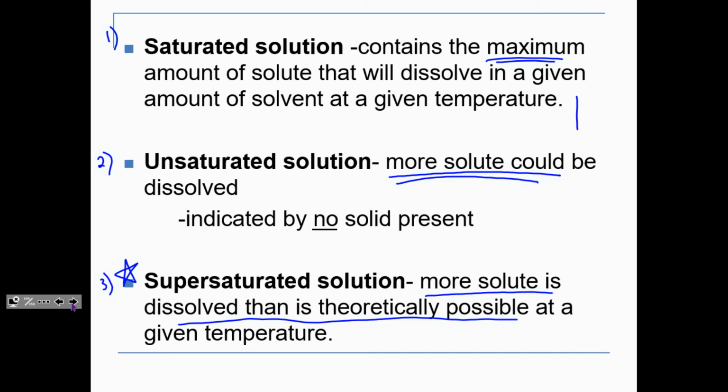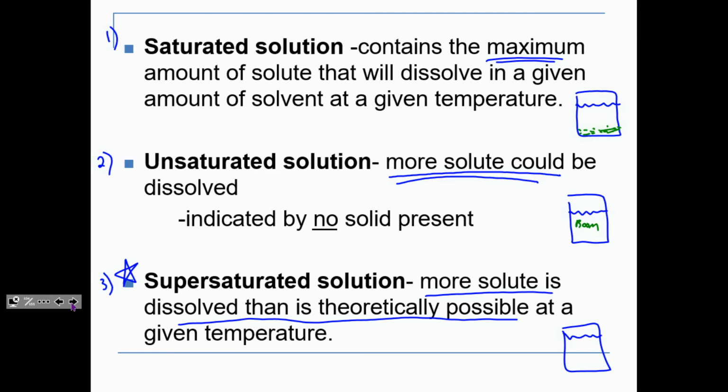But a saturated solution, we would dissolve the maximum amount, and what we would find is that we would actually have some stuff left at the bottom. Now, an unsaturated solution, we wouldn't see anything at the bottom because we have room. There is more room for us to dissolve.